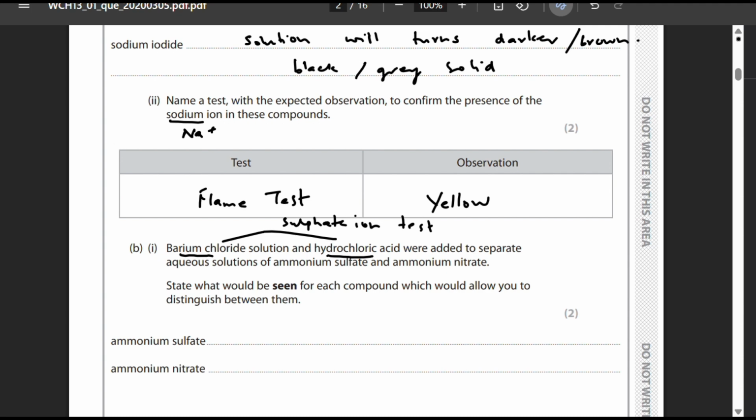In ammonium sulfate solution, barium sulfate will form. As a result, white precipitate will be observed. And in ammonium nitrate, because there is no sulfate ion present, there will be no precipitate, no change.